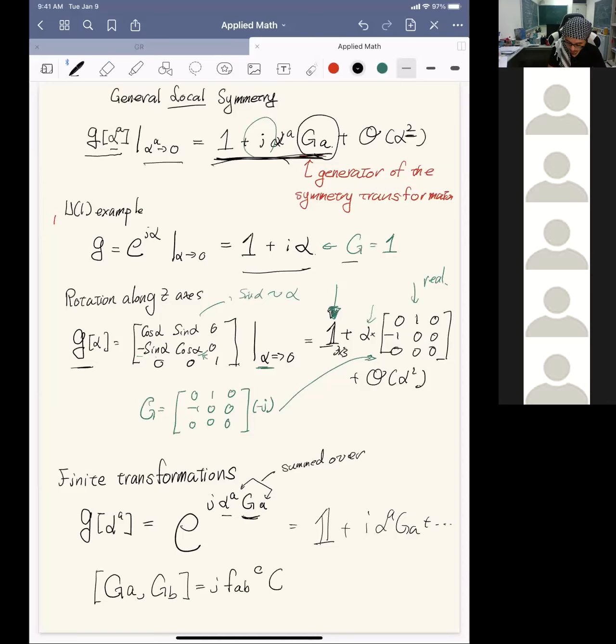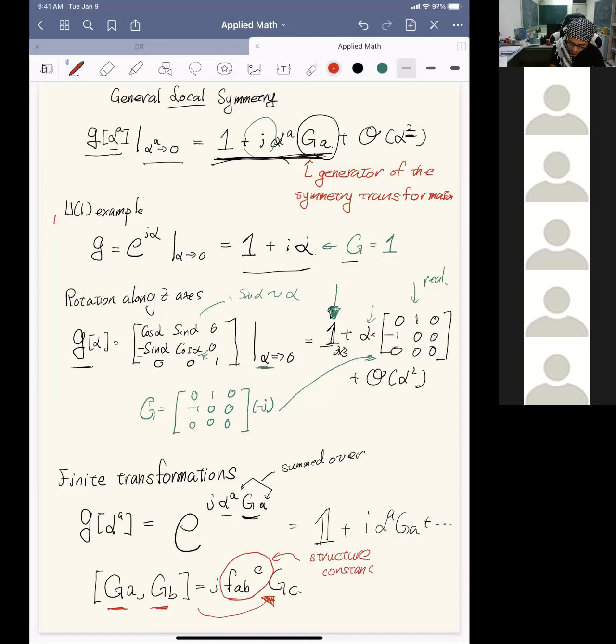And let me write this. Okay, said in another way, the commutator of GA and GB can be re-expanded on the basis of generators, where the expansion coefficients, the FABC, are called the structure constants.